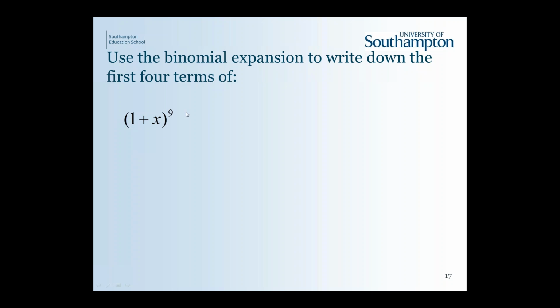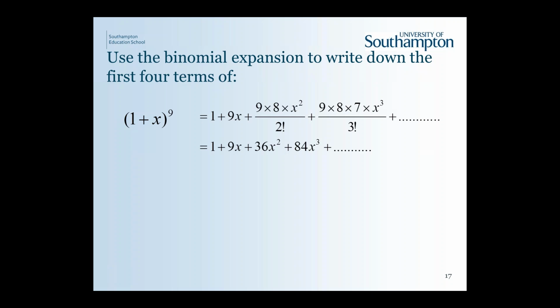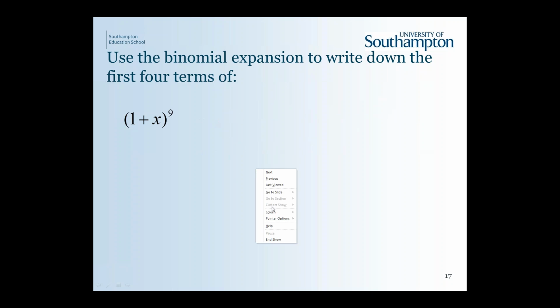So, using the binomial expansion, can you write down the first 4 terms of this? I will do this to show you. So, the first one is the 1. In fact, I'm going to do a bit before that.